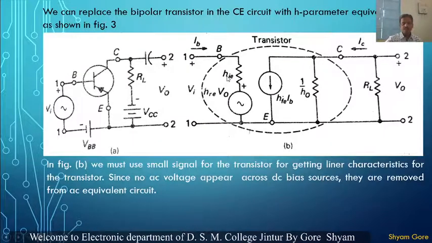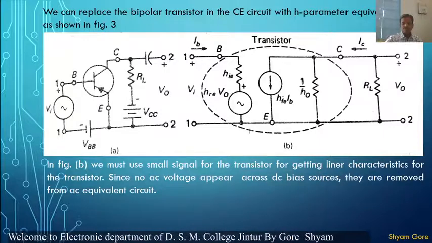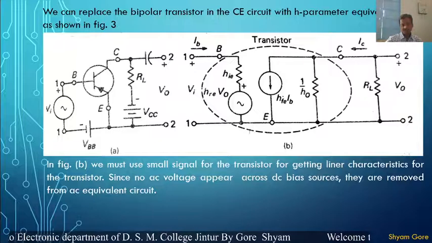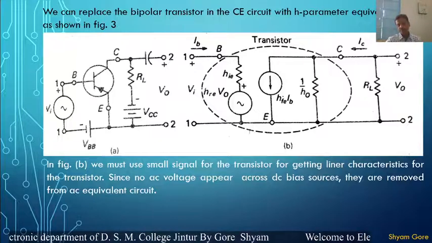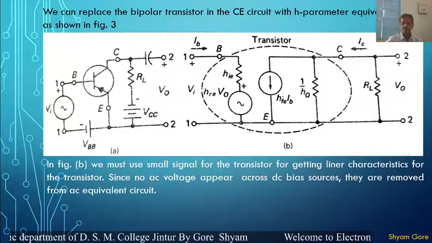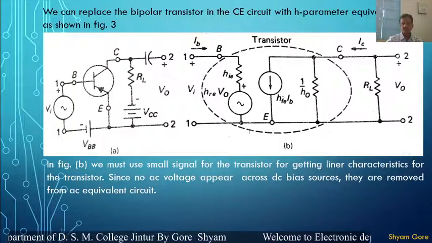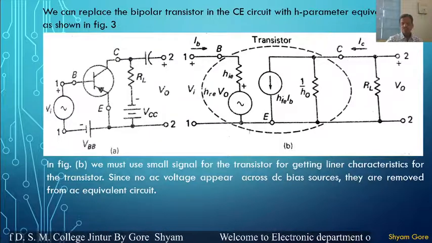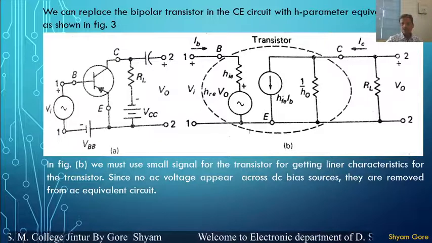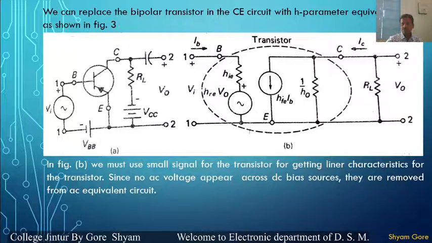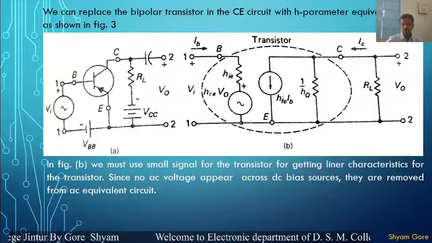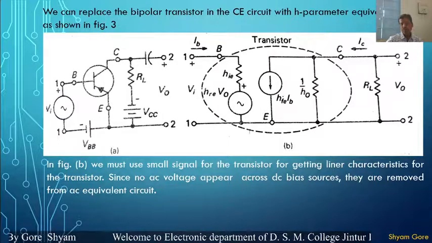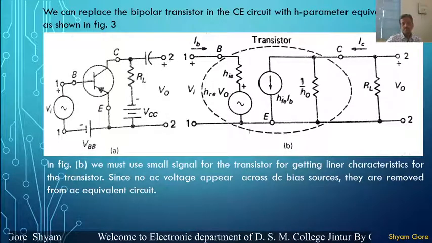And here we are using the small signal for the transistor for getting linear characteristics. If we want the linear characteristics, therefore we use very small signals, and therefore the AC voltage which appears across the DC bias source is negligible, or no AC voltage appears across the DC bias source, and they are removed from the circuit.